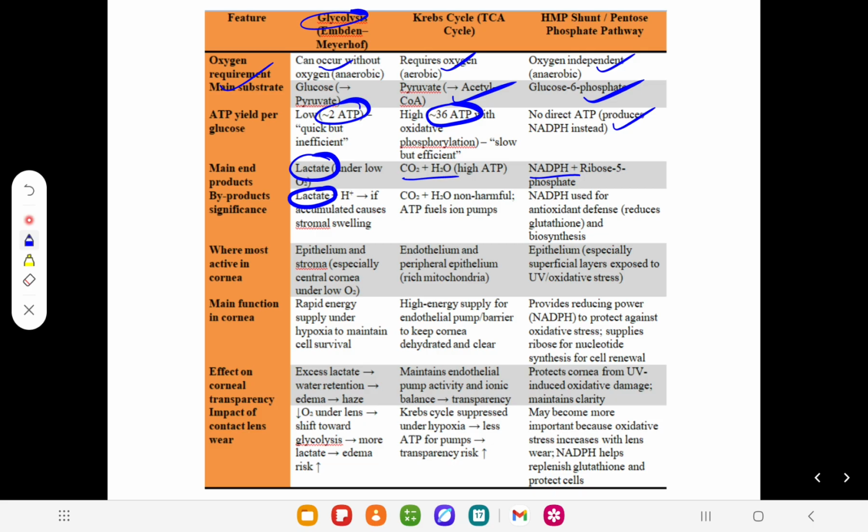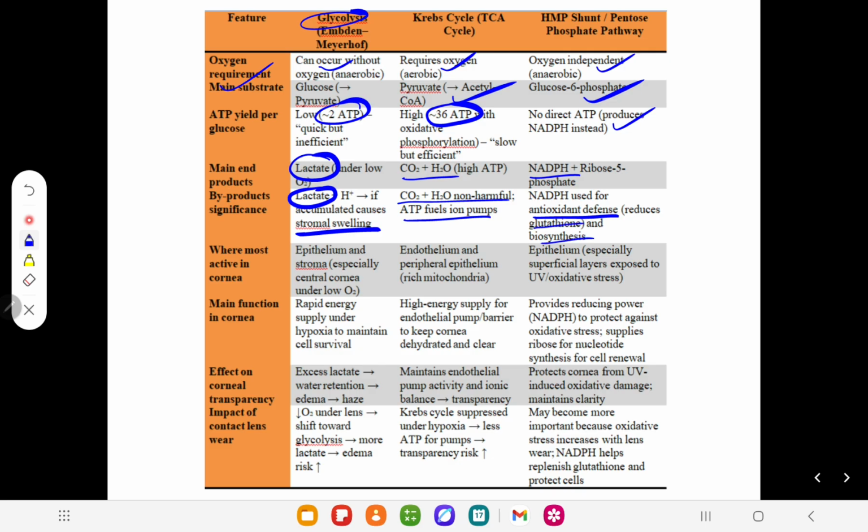Definitely there is a difference in imbibition force, a difference in concentration, and because of that water is sucked in from the aqueous, isn't it? And eventually the stroma swells. But CO2 and H2O are non-harmful, ATP is a very good fuel, and NADPH is used in antioxidant defense, reducing glutathione, and biosynthesis.